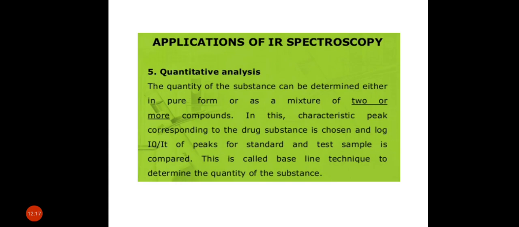This is called the baseline technique to determine the quantity of the substance. So these five are the applications of IR spectroscopy. There are many applications; here I have discussed basically these five.